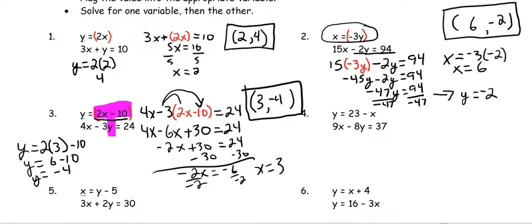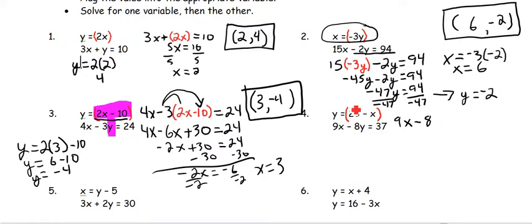Alright, so again, we have our y equals. I'm going to take the entire other side of the equal sign, put it in parentheses. And then I'm going to rewrite this first equation, 9x minus 8.